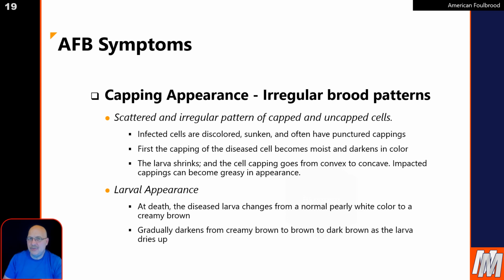American foulbrood is a brood disease. It is not something that impacts adults. So if you're trying to identify American foulbrood, you would read the brood pattern and see the information available on the slide here.